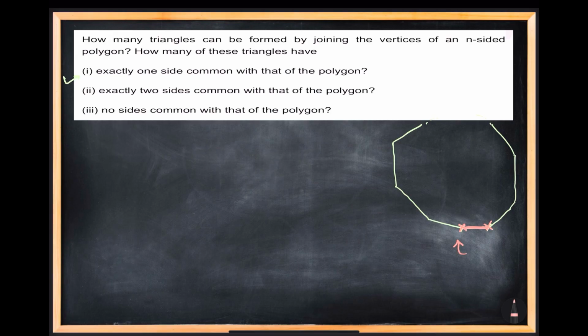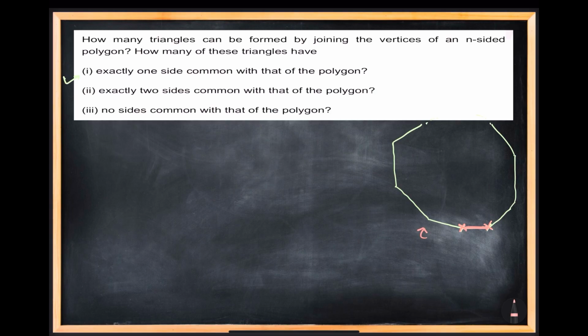You will say no, because I have already taken those 2 points. If I take that point again, it won't make a triangle, correct? So it is not allowed. Will you allow me to take this point? Neither, because again it will be the same case.